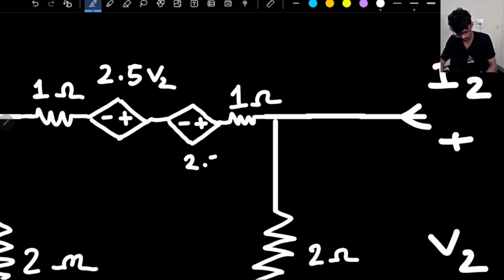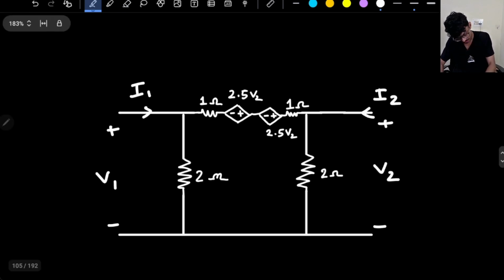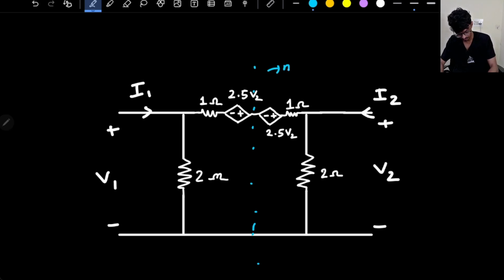Now you might say that sir, this is symmetrical. You might feel like about this point it is symmetrical. It is not symmetrical.